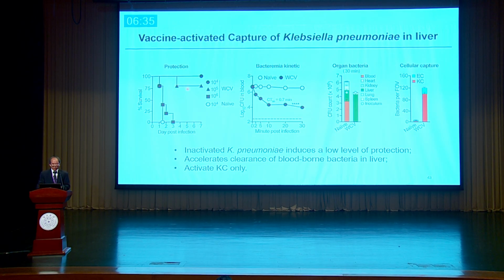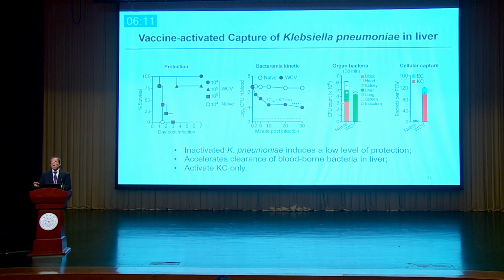It produced a low level of protection, and still it can induce the clearance of a low infection dose in the blood, and also can capture the bacteria in the liver. However, it cannot activate high-level bacterial binding by endothelial cells, and so only activates Kupffer cells. So therefore, this protection is really low.